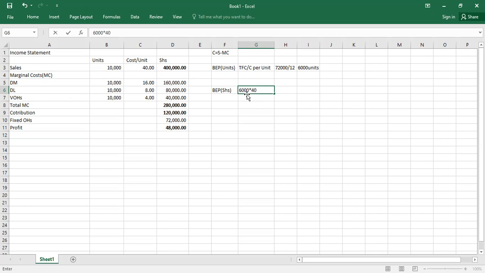So our BEP is 240,000. At 240,000, we should now be able to break even.